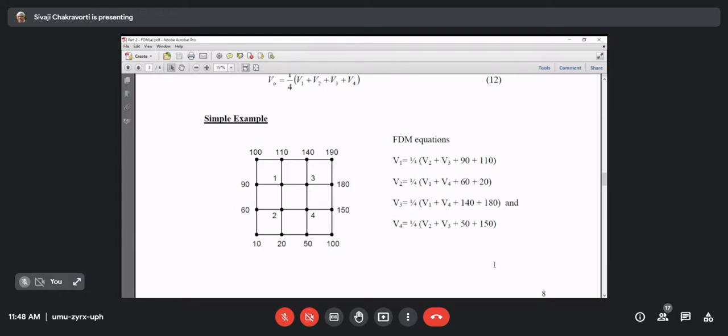Can I solve it? The answer is yes. I can solve 4 unknown variables from 4 equations, and this system of equations that is being generated is therefore what is called a system of simultaneous linear equations.